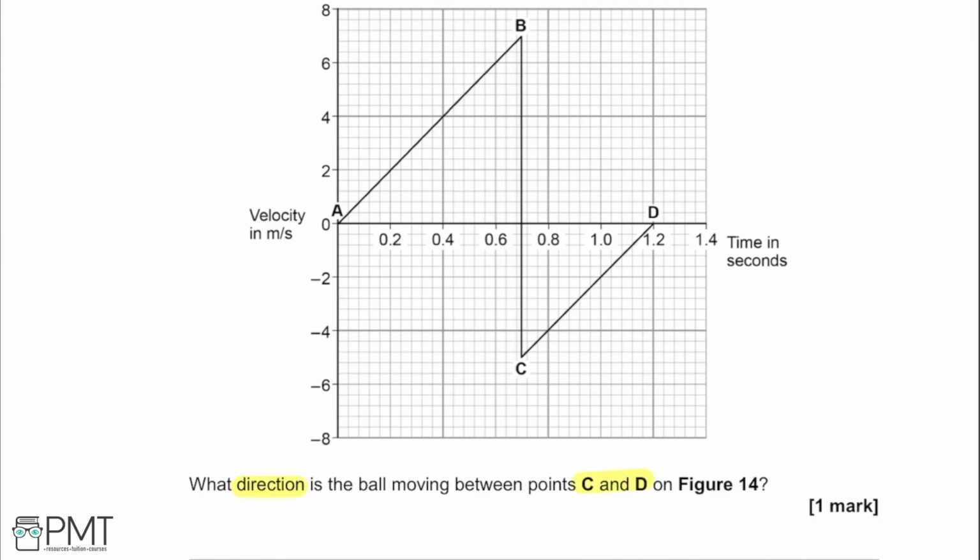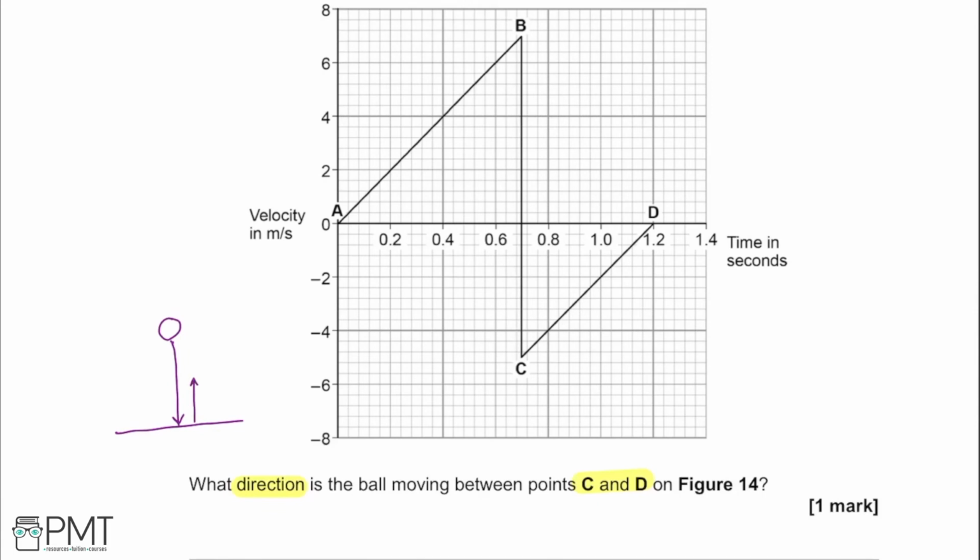As the C to D portion of the graph has a negative velocity, so it's below the x-axis, we need to work out whether the ball has a negative velocity when it's falling downwards or if it's going upwards. We're told in the question that the ball is dropped. So if the ball is at some point away from the floor and it's dropped downwards, then it will bounce back up.